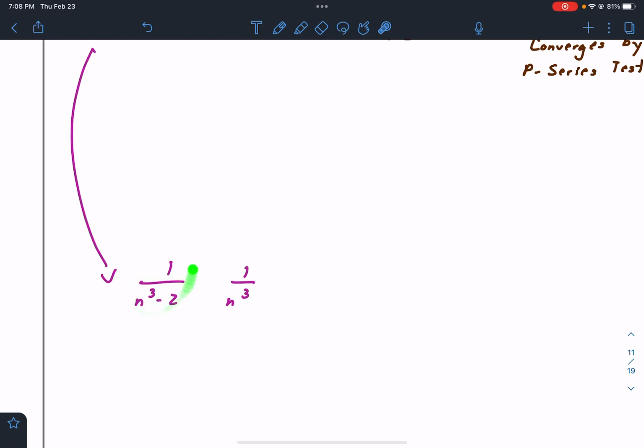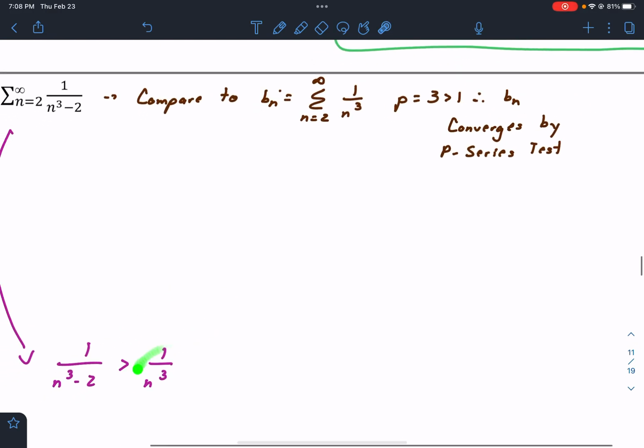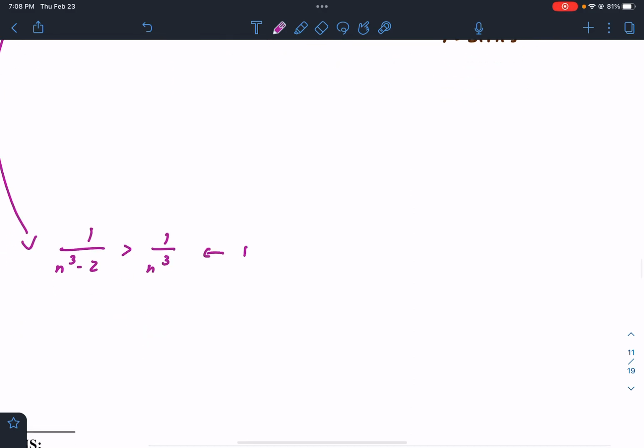So this is always going to be larger than this because of this -2. Wait a second, this converged. So if I'm dealing with this converges, but this is bigger than that, I don't know if a series that is bigger than finite converges or diverges. So the direct comparison is inconclusive.